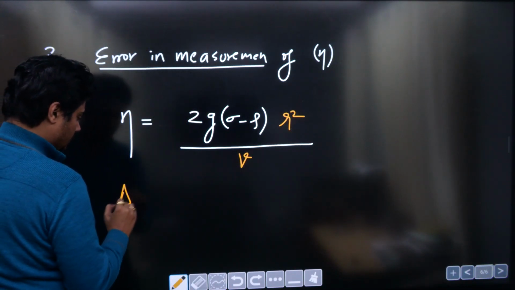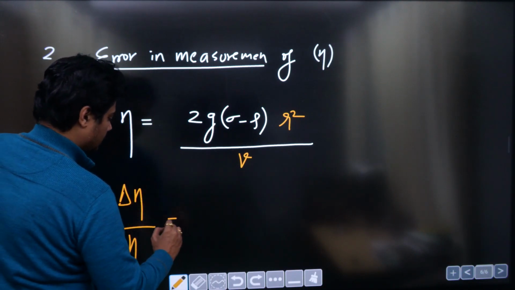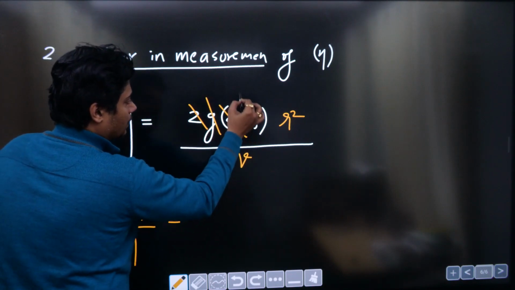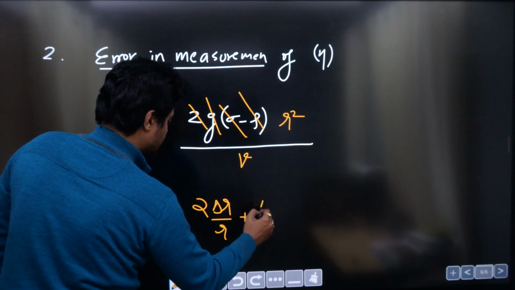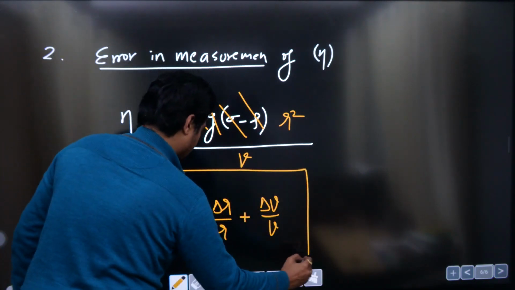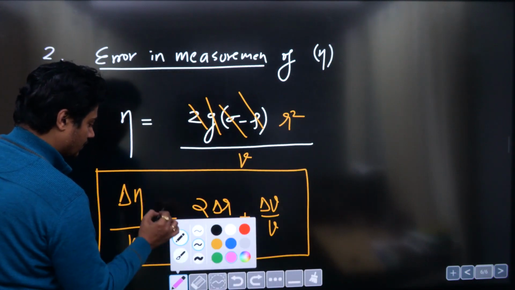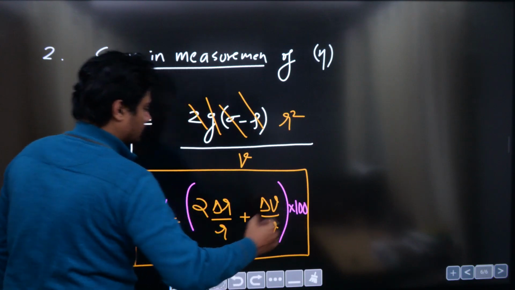So when you take the error, delta eta by eta, 2g and so on are constants, it is 2 times delta r by r plus delta v by v. This will give you the percentage error. So if you want to find the percentage error, you can multiply this by 100, right?